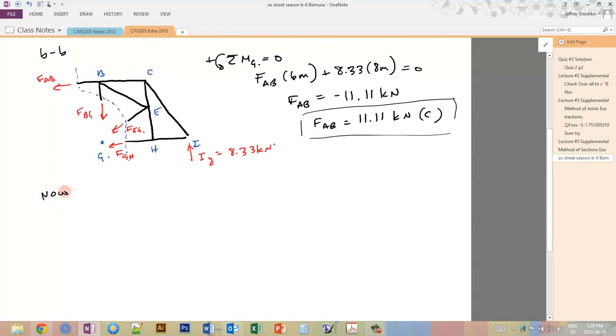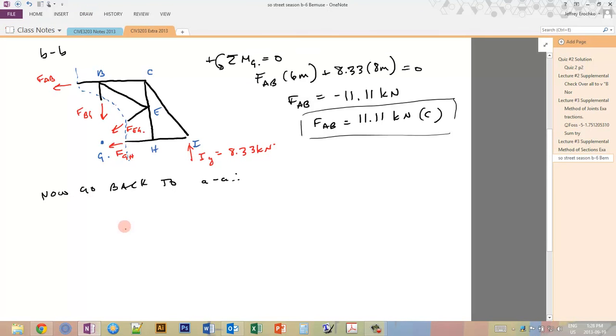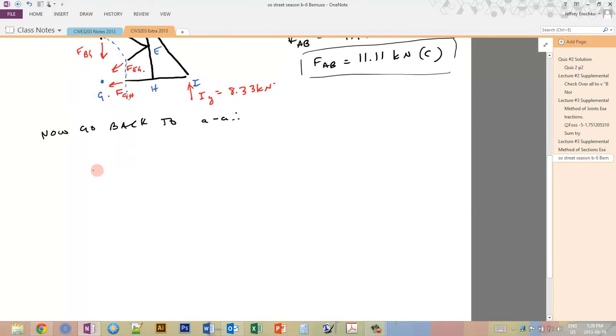So now we can go back to AA, and now we solve this just as if it was any other method of sections problem. So let's draw the full section again. This one looks like this. There's this piece, this piece.